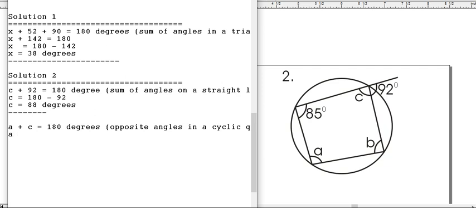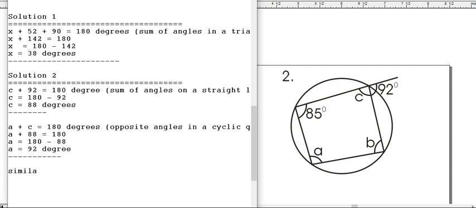So we now have A plus 88 is equal to 180. So our A now will be 180 minus 88. So our A will be equal to 92 degrees.